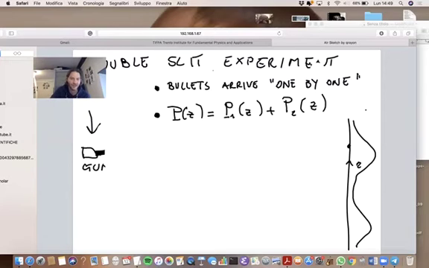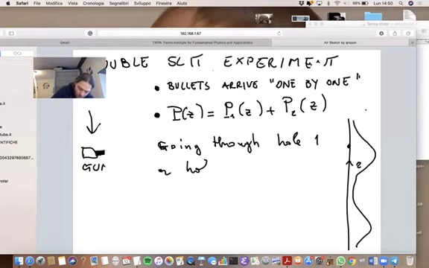I mean, very naturally so. And we explain this by saying that going through hole one or hole two are disjoint events.